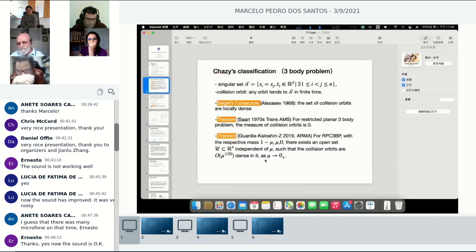We let mu turn to 0 and get a more precise estimate. This means that from any point of this open set U, in a neighborhood of radius mu to 1/20, we can always find a collision orbit, a double collision. It's a fancy way of stating it.